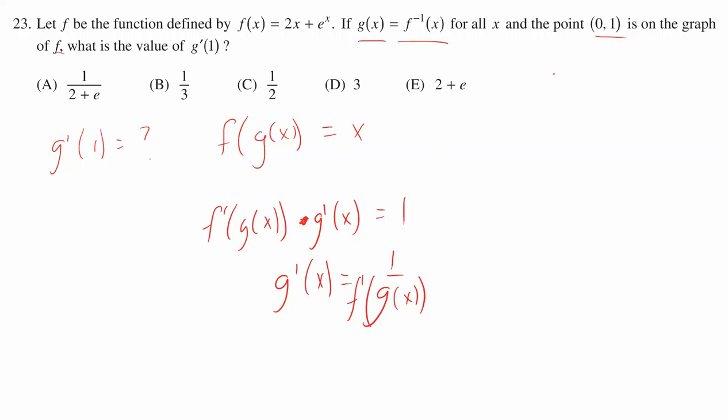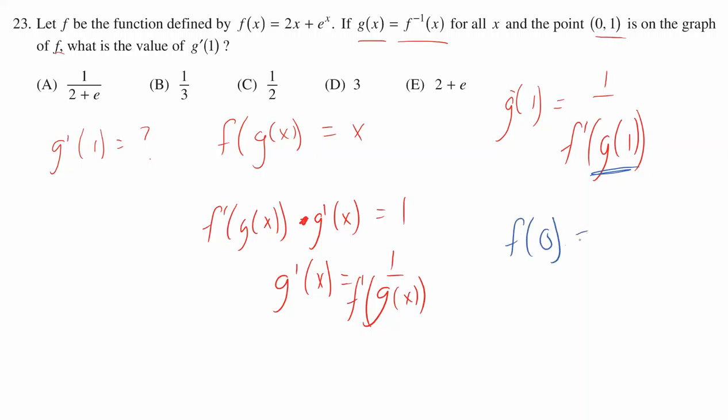So if I want g prime of 1, I want 1 over f prime of g of 1. Do I know what g of 1 is? I do not, but I know that f of 0 is 1. So then because of that, I know that g of 1 is 0 because they're inverses.